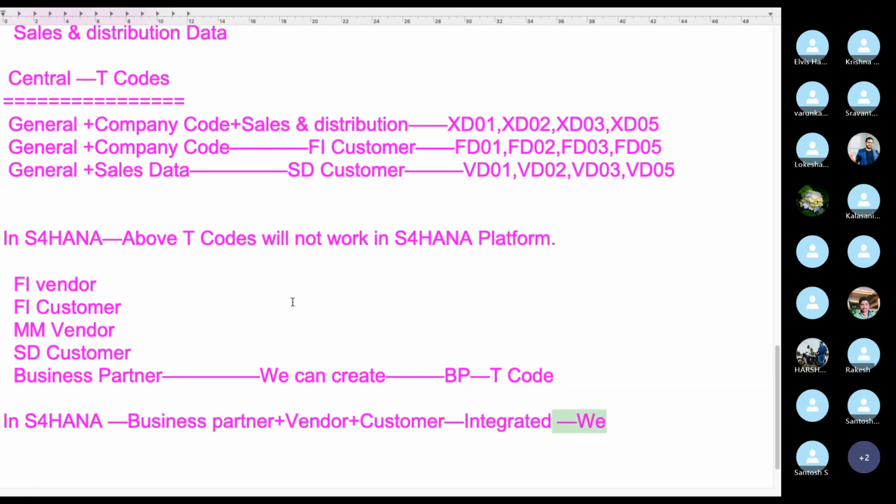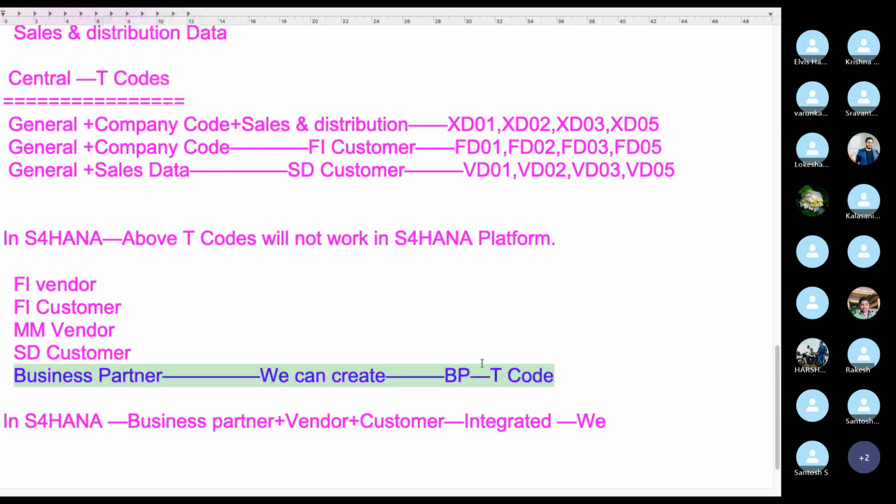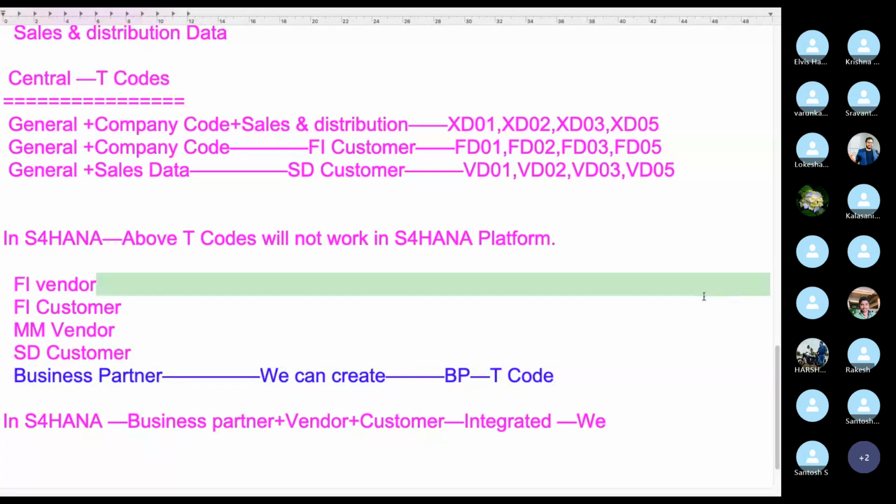So business partner means business partner including vendor and customer. There is only one T code generally used, the T code BP. Here vendor and customer are all integrated.